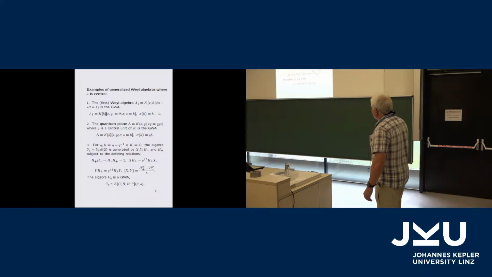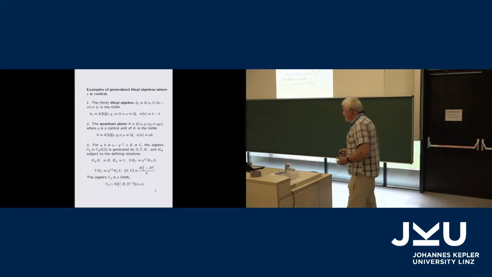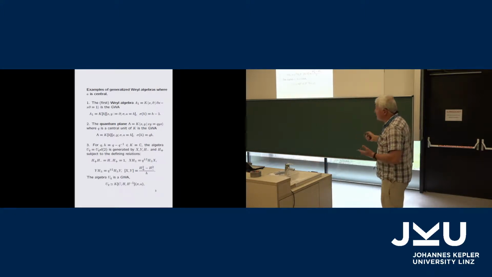Then if you want to express the Weyl algebra as a generalized Weyl algebra, you have to choose the ring, which is simply the polynomial ring in one variable h. You have to choose the automorphism, which is the shift, and you have to choose the element, which is h. This is basically the presentation which gave the name for this class.